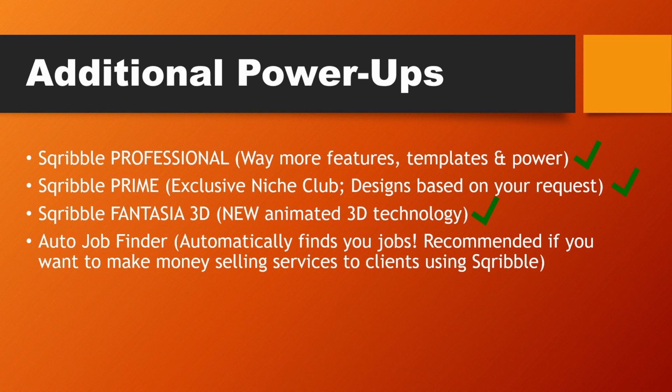If you're good at making banners for people, you could type in banners, or write content for people, or customer service, or even Facebook ad service, or whatever kind of skill that you have. You can use Auto Job Finder to actually find clients to bid on their posts. So that was a really unique creative tool. Okay, so I recommend that if you're looking to use Sqribble to make money with.